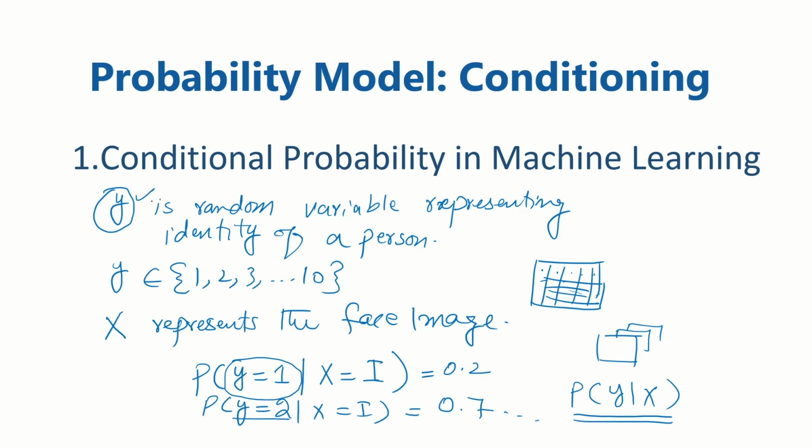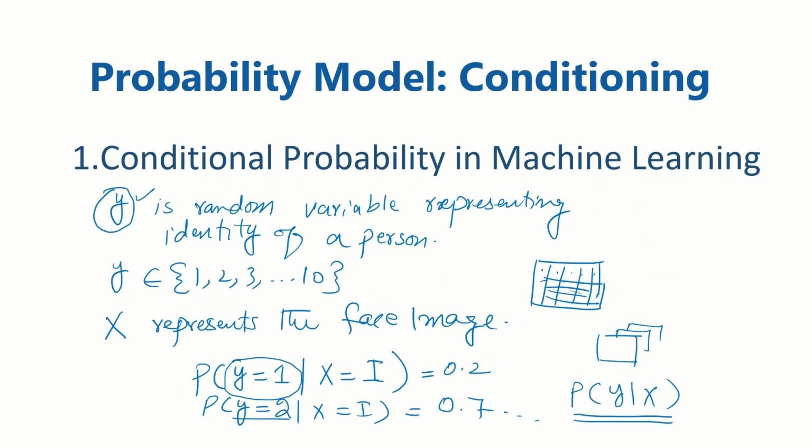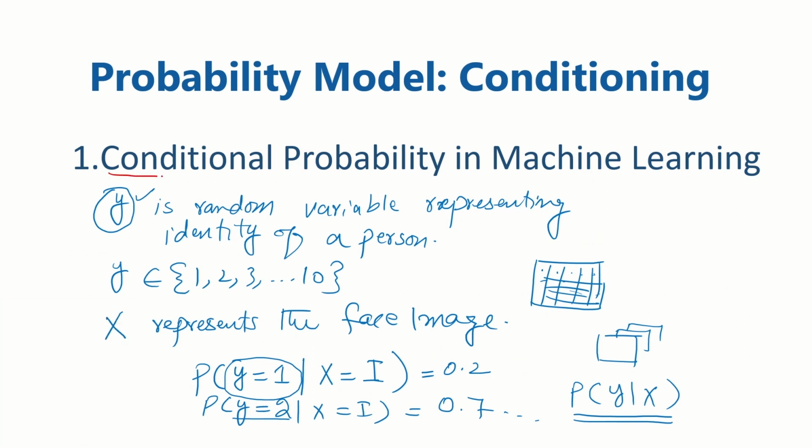Although I was too fast in this particular video, I have explained certain concepts that we will be dealing with in future videos of the same course. But I just wanted to mention that this conditional probability is extremely powerful, and classification and regression problems all model this kind of probability law.